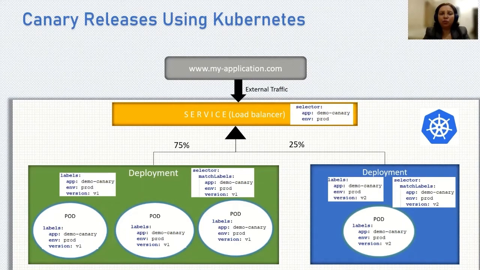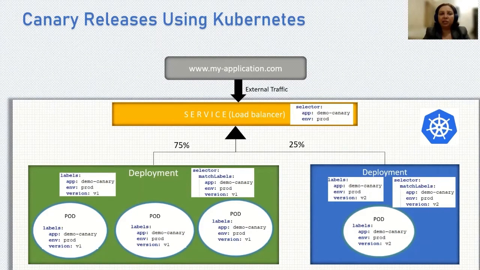Let's see how we do Canary deployments in Kubernetes. Assume you have a service named Demo Canary, which is used by an external application, www.myapplication.com. If you want to roll out a Canary release of your service Demo Canary, this is what you will do.